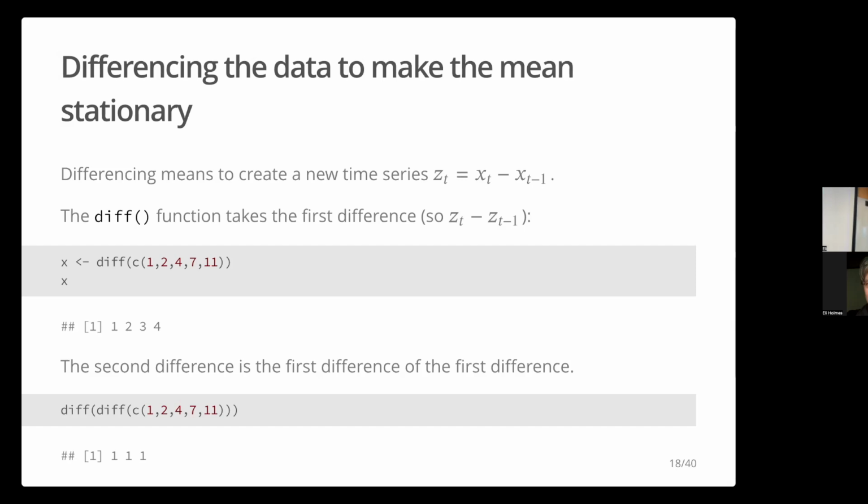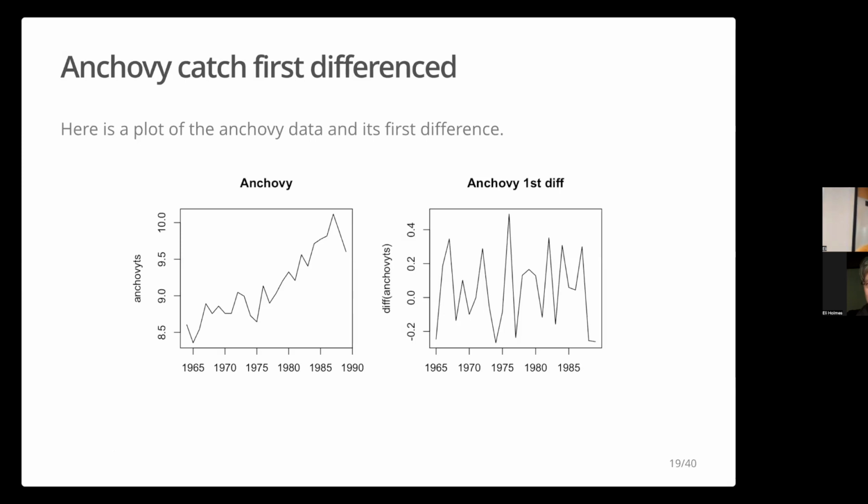So the first difference is this minus that. And then the second difference is you take the diff of the diff. So you take Z_t, which is these two differences, minus Z_{t-1}. That's it.